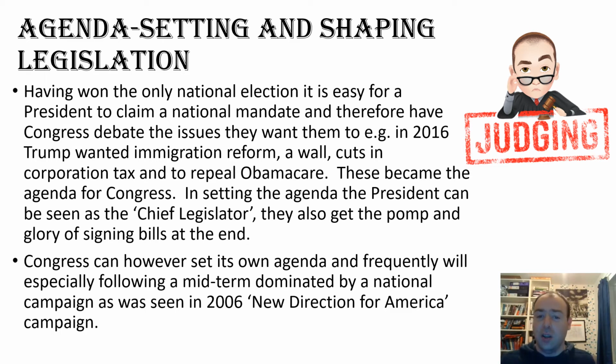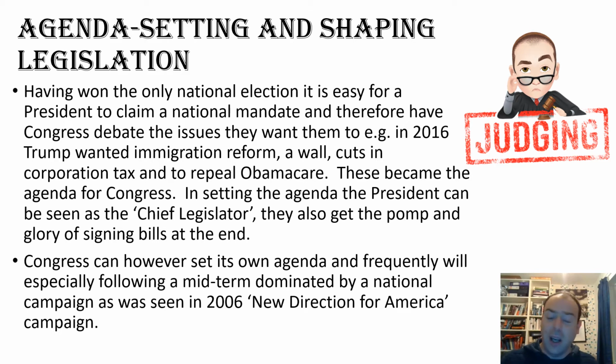And in this way, you can see the president as the chief legislator, and they also get all the pomp and ceremony of that. I'm going to sign this bill, and then they sign it and hold it up, and everyone kind of goes, hey, it's a bill, well done. Because as we've seen before when we've done stuff on Congress, passing bills is difficult. Congress, however, can set its own agenda and frequently will, especially following midterms where the other party won. And we see this in 2006 with the New Direction for America.